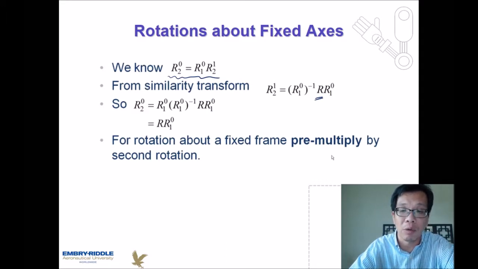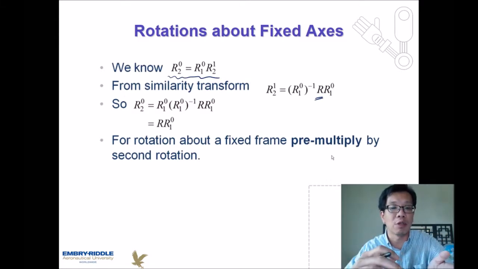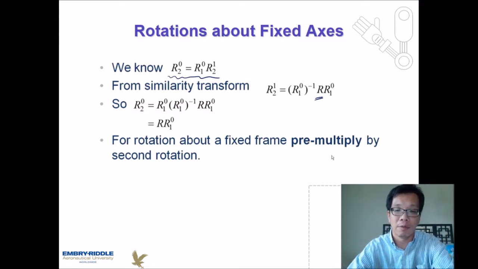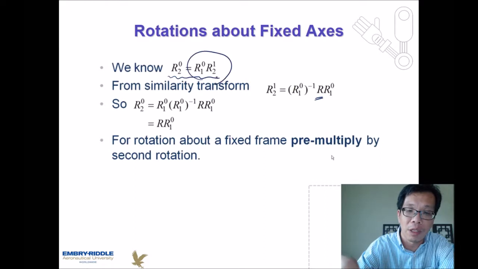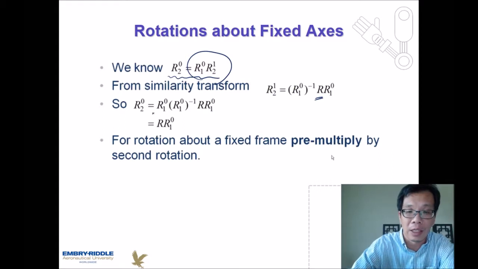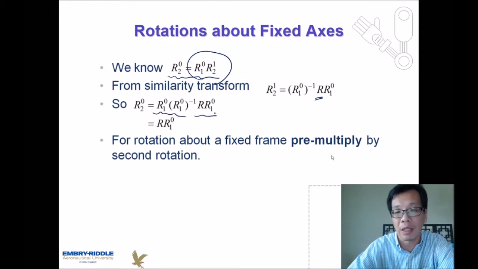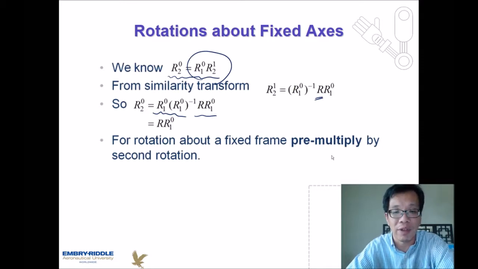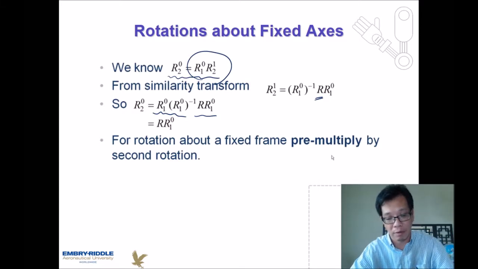So when we are dealing with that, after the transformation, instead of using this part over here, we would need to have everything into something like this. So we know that this is going to be rotated about a fixed frame. So in other words, for rotation about a fixed frame, it is pre-multiplied by the second rotation.